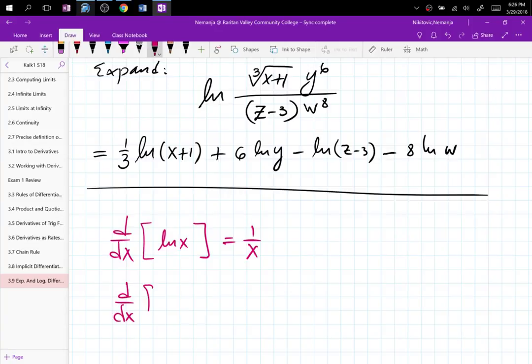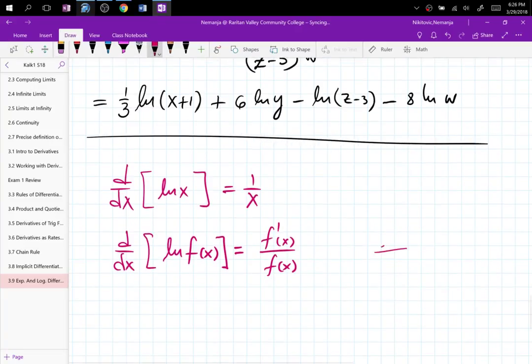What is the derivative of ln of any function? That would be the derivative divided by the function. You will be using this formula 99% of the time, okay? So 99% of the time is that formula right there.